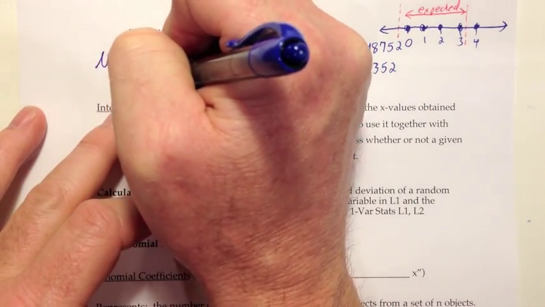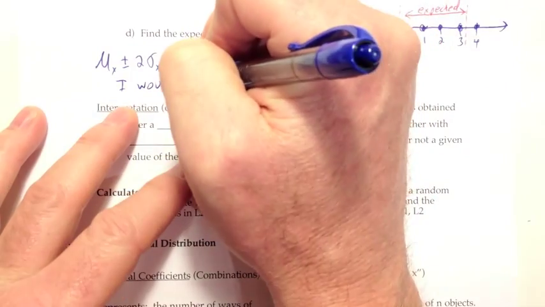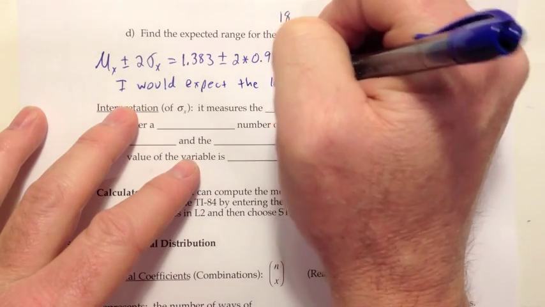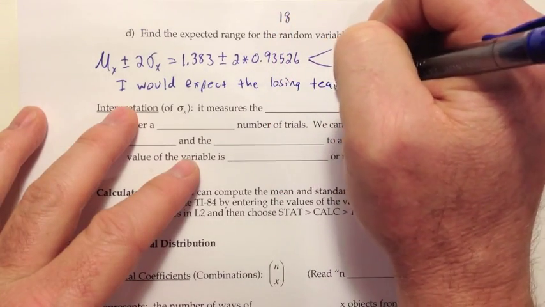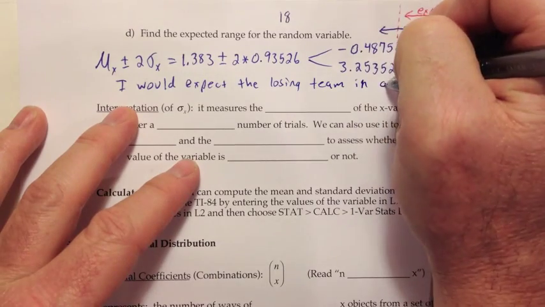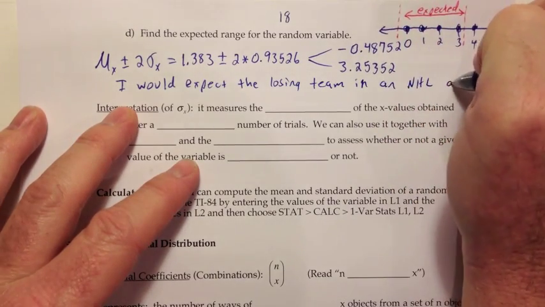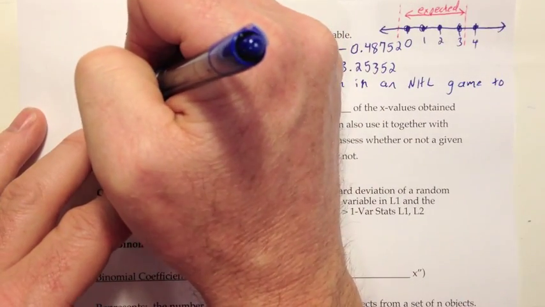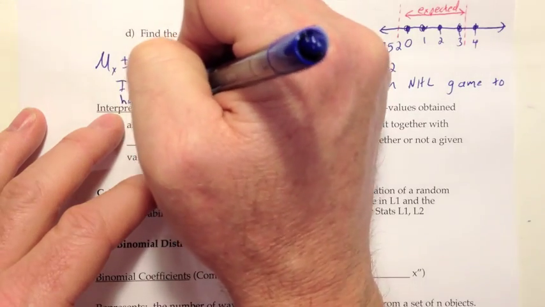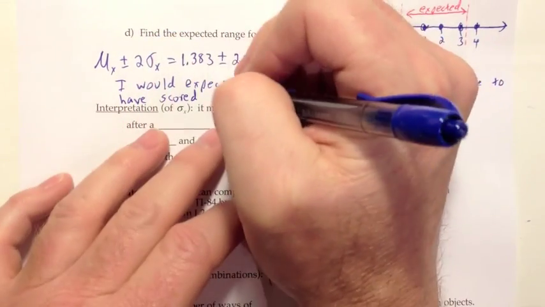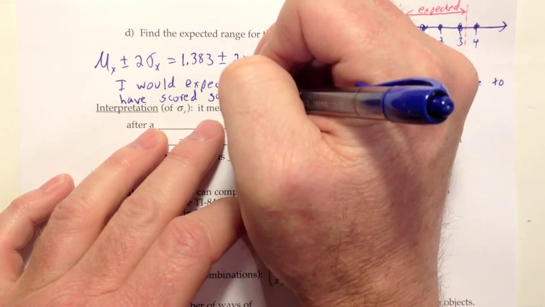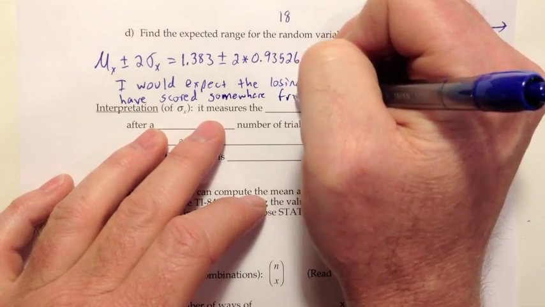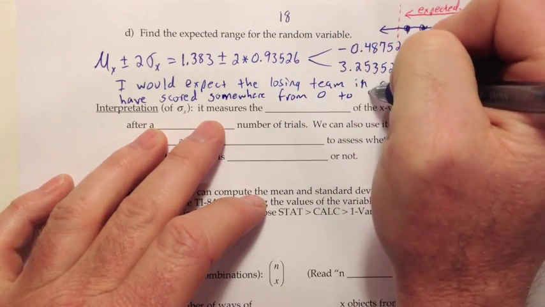So I would expect the losing team in an NHL game to have scored somewhere from 0 to 3 goals.